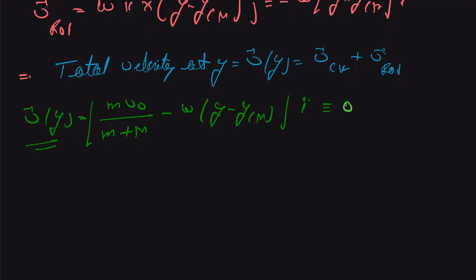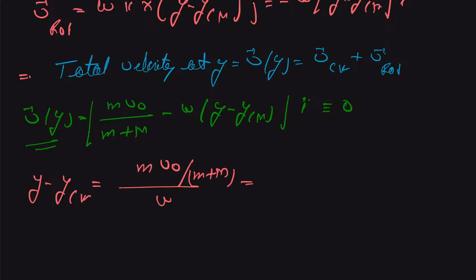So we set this equal to 0, and this will give us y minus ycm equal to, minus minus will be plus, m v naught over m plus capital M, divided by omega. The numerator is nothing but our velocity of center of mass divided by omega.